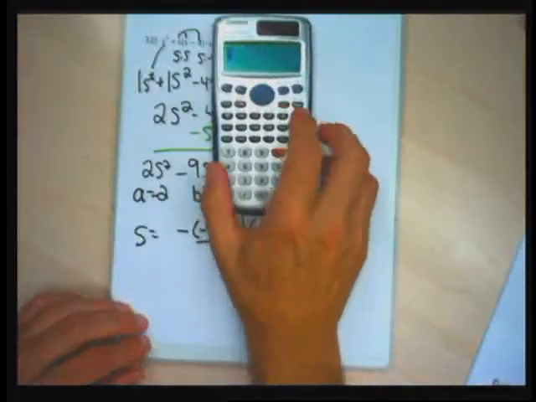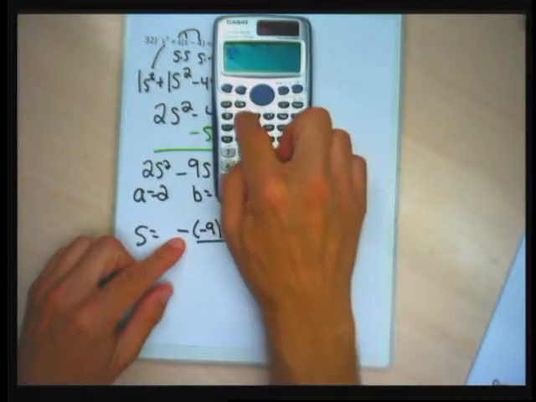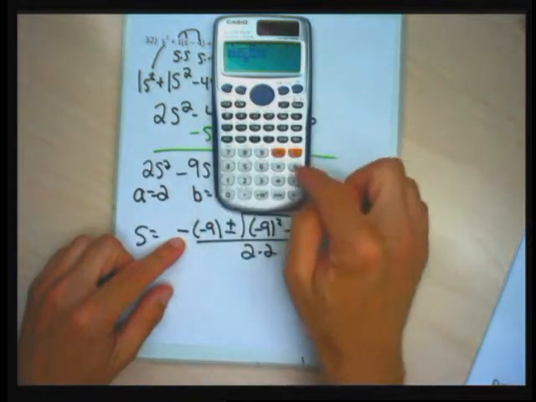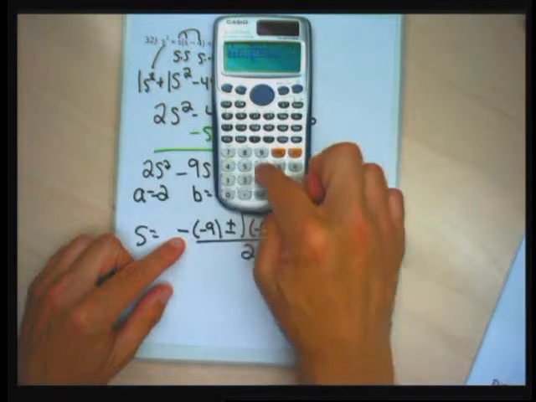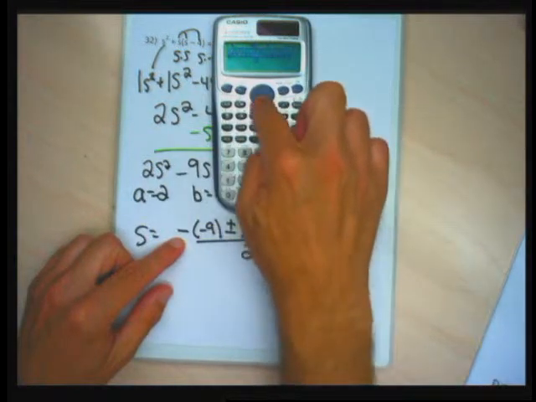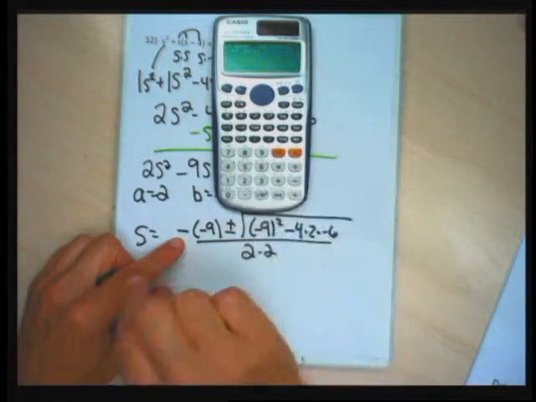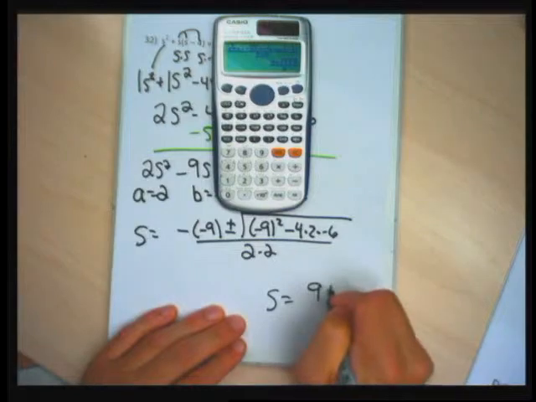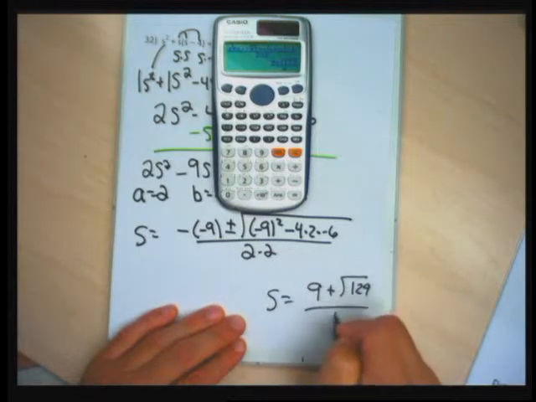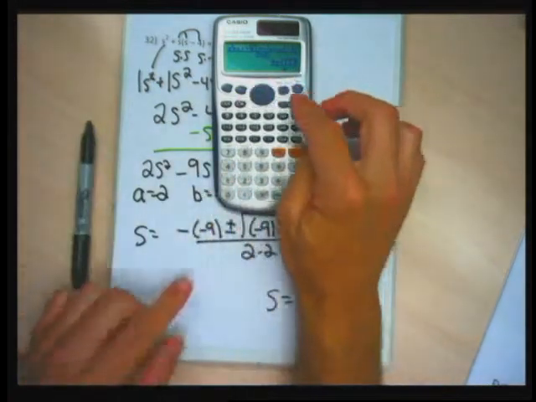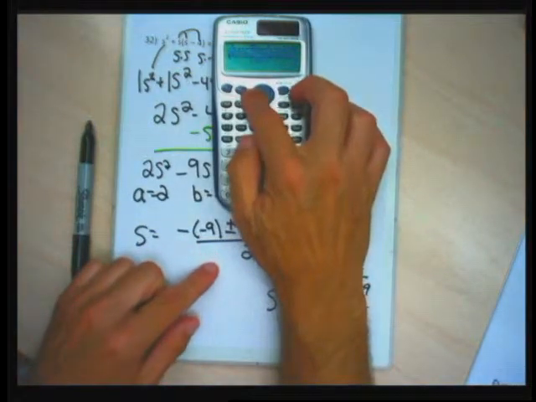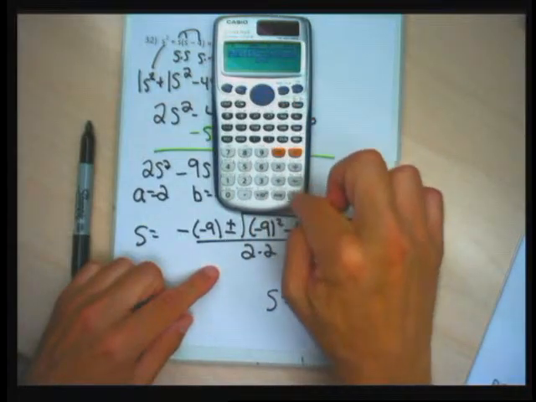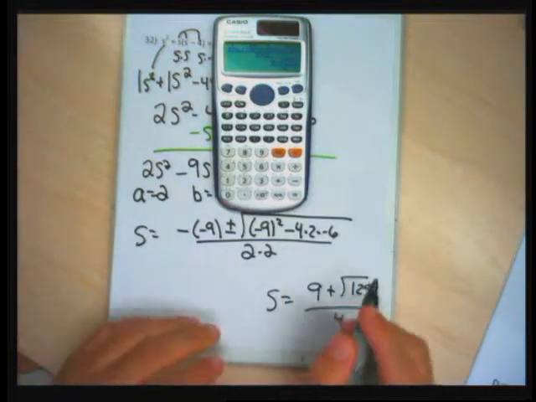I'm going to go positive 9 plus the square root of negative 9 squared minus 4 times 2 times negative 6, over 2 times 2, and I get a horrible answer of s equals 9 plus the square root of 129 over 4. Let me backtrack and change the plus to a minus, and I get the same thing with a minus.